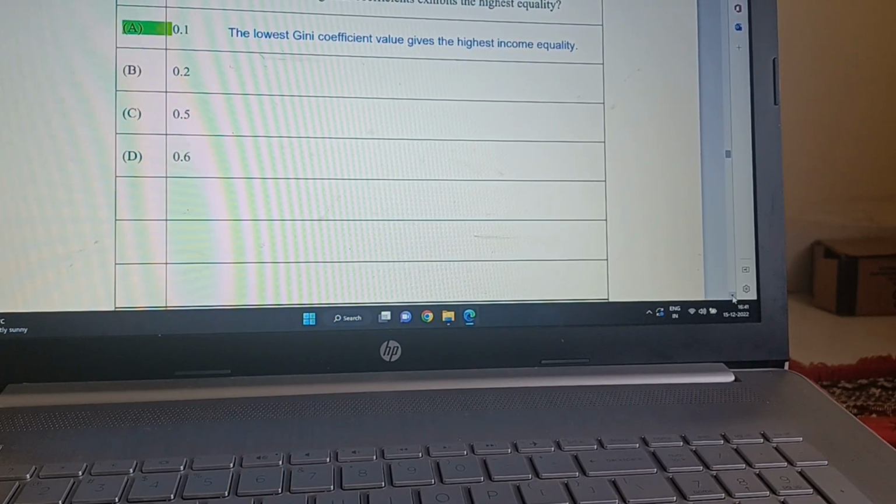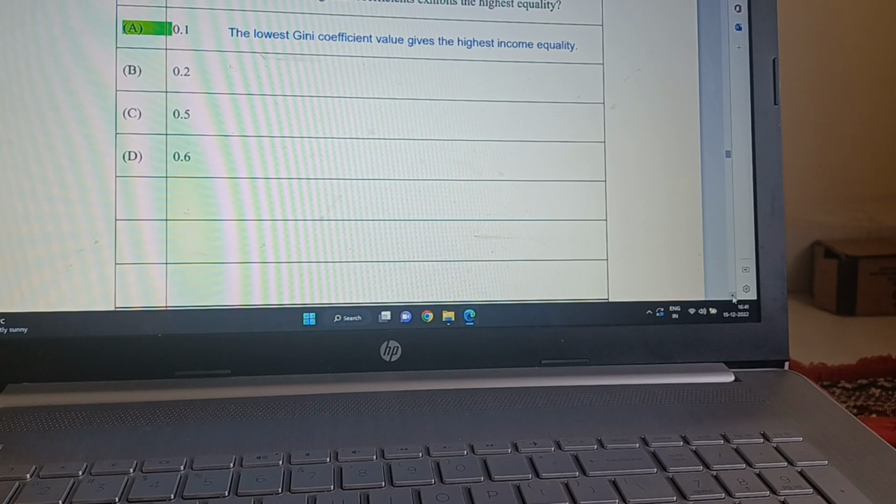So next question is, which among the following Gini coefficients exhibits the highest equality? So the Gini coefficient talks about income inequality, and the higher the value of the Gini coefficient, the higher is the income inequality, and the lower the value of the Gini coefficient, the lower the inequality.